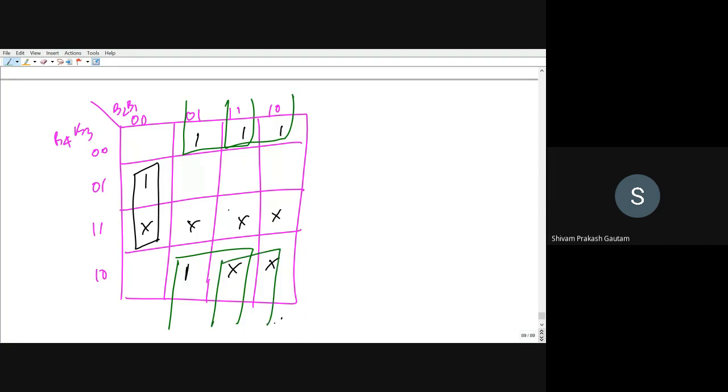Right. Now you can write the expression for X3. So this will be B3 and this will be B2 bar B1 bar, plus for this quad, just see what is the common term.